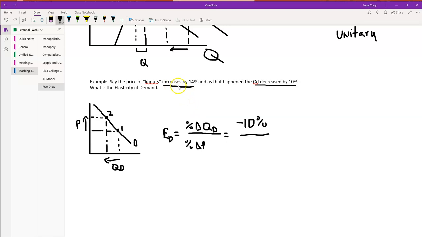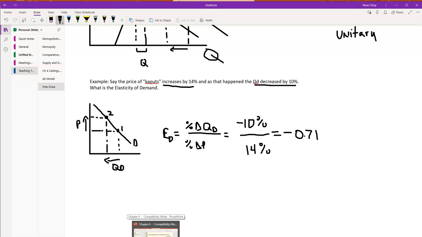And my percentage change in price is 14% higher, then my elasticity will be negative 10 divided by 14, or it will be negative 0.71. All right, and that's my elasticity of demand.